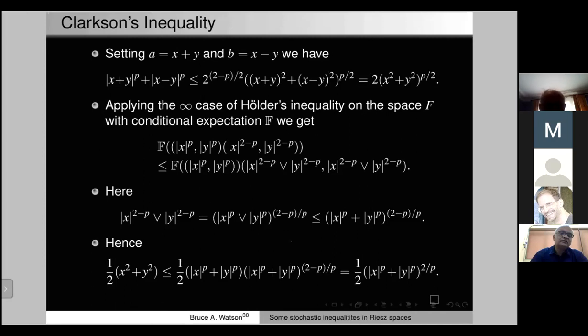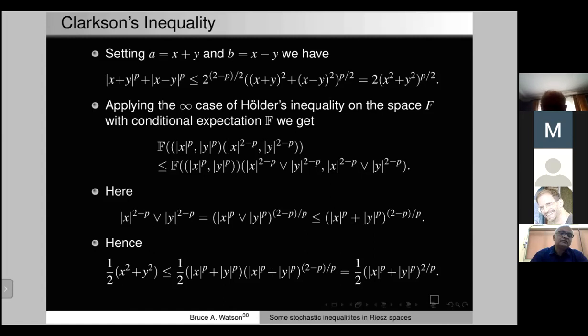If we interpret what the suprema means here, we can bound that in terms of the sum of the absolute value of x to the p plus the absolute value of y to the p, to the power (2 minus p) over p, as given in the second last formula on the page.